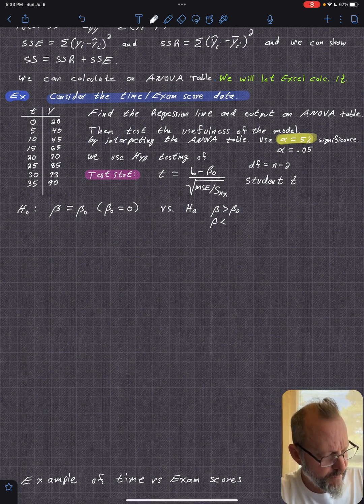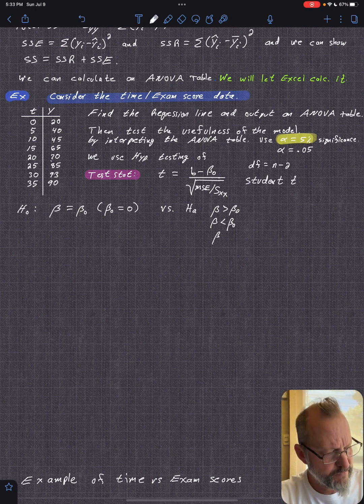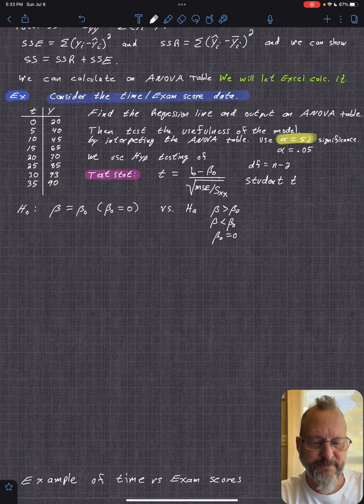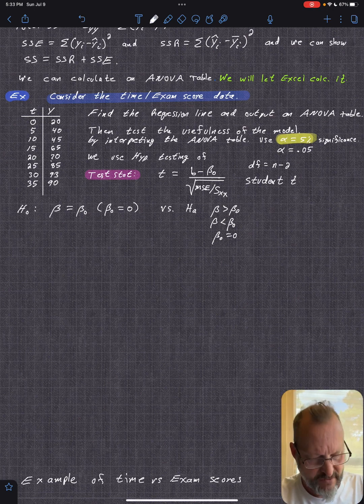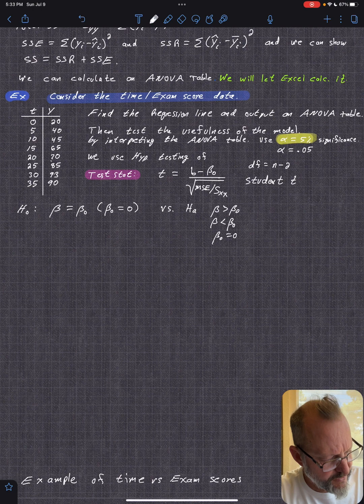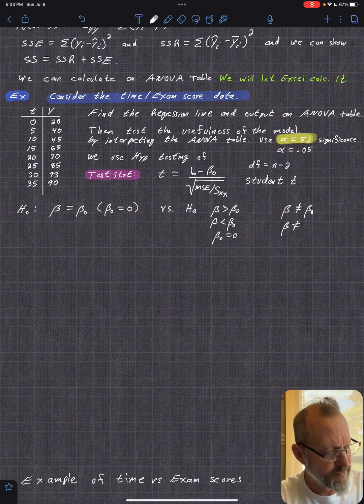We assume it's either 0 or not and see what the alpha level is. Those are the tails, and the two-tailed case is beta not equal to 0.